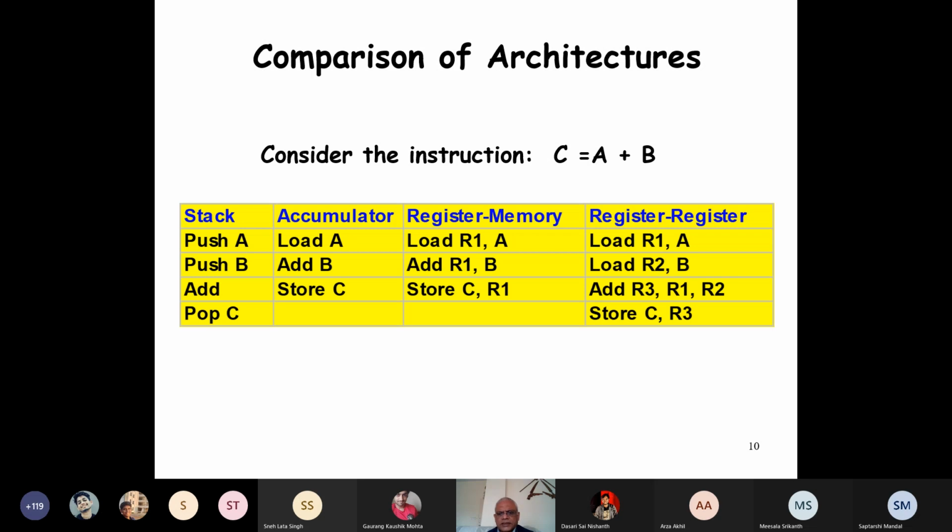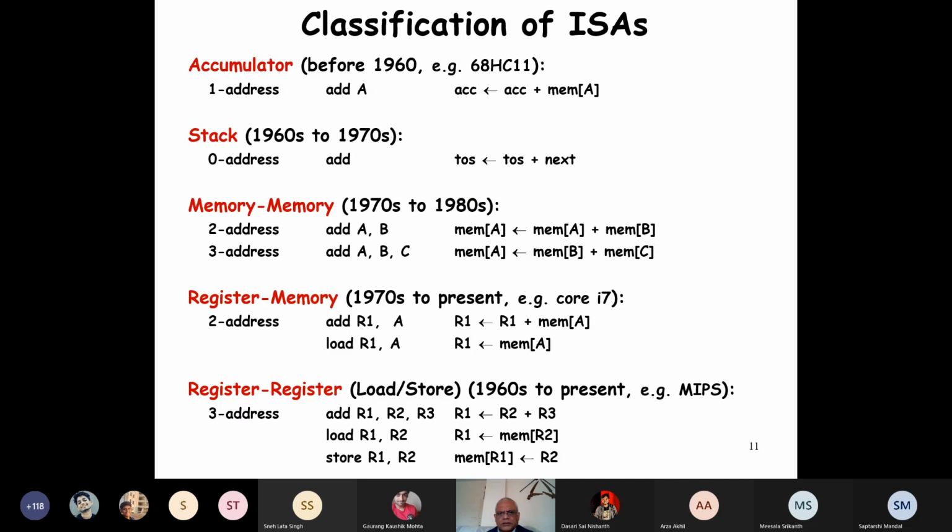In a register architecture, which is the one on which we'll focus, the present day architectures are all register. Here, if A and B are two memory locations, we first bring them into two registers and then ADD, and the result is produced in register R3, and then we store that back into memory location C. Some more examples are given here.